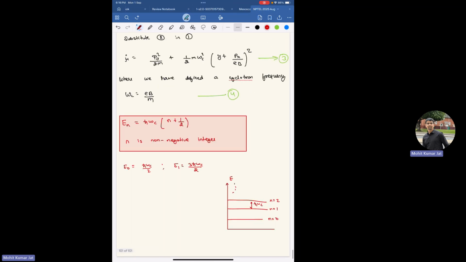This is for the two-dimensional electron gas. These quantized energy levels are known as Landau levels.